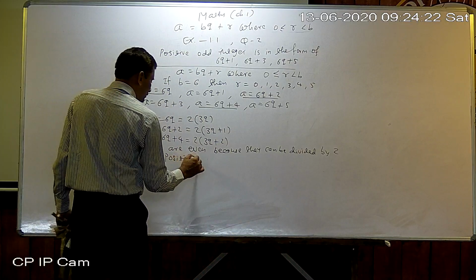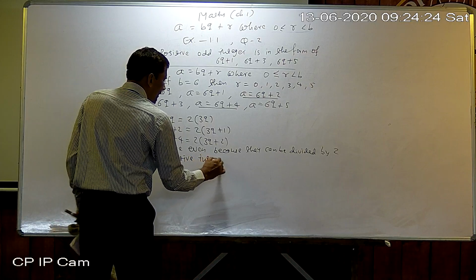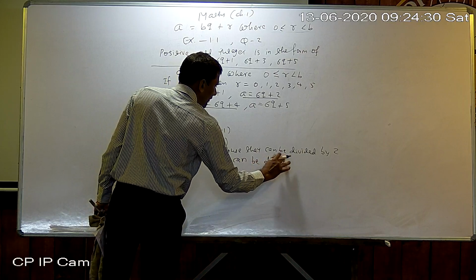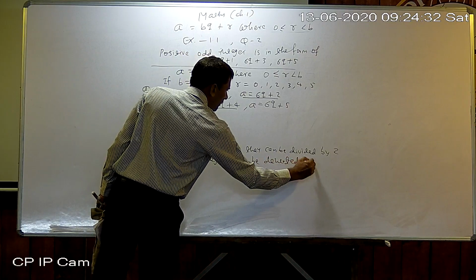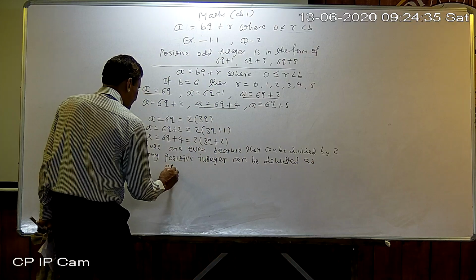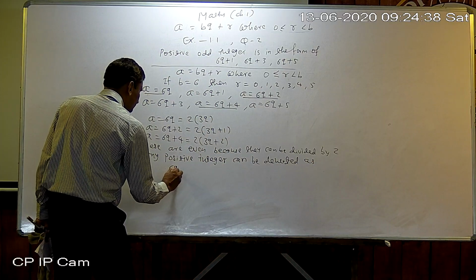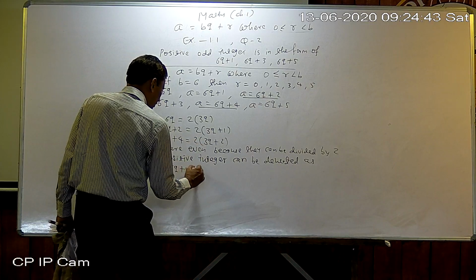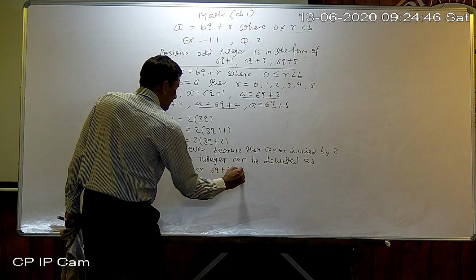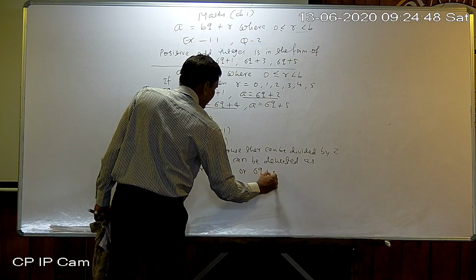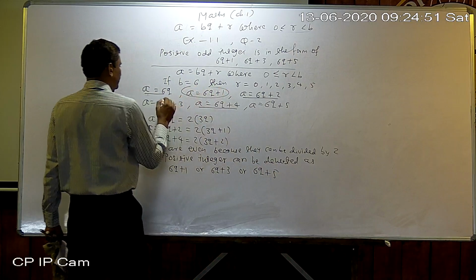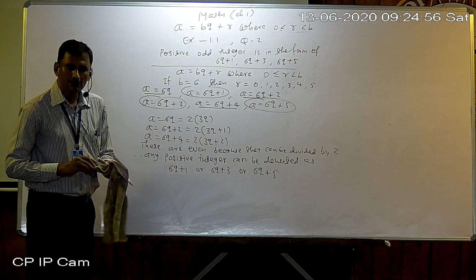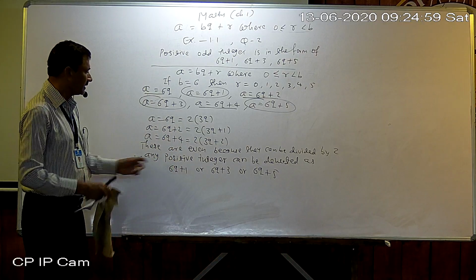Therefore any positive odd integer can be denoted as 6q plus 1 or 6q plus 3 or 6q plus 5. Why? These even ones are removed. Whatever is left is the expression of the given number whenever it is odd.